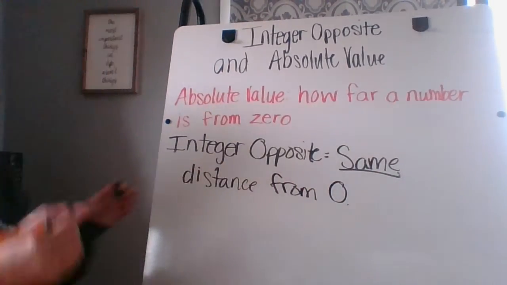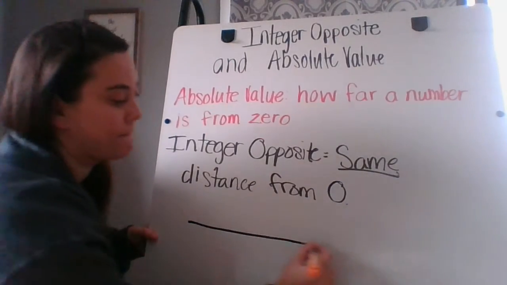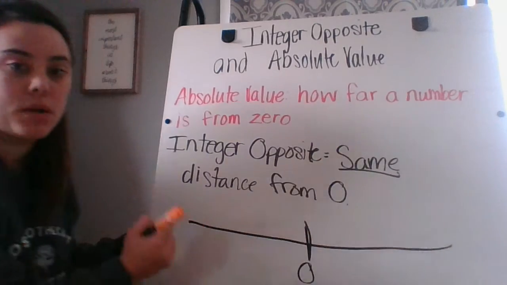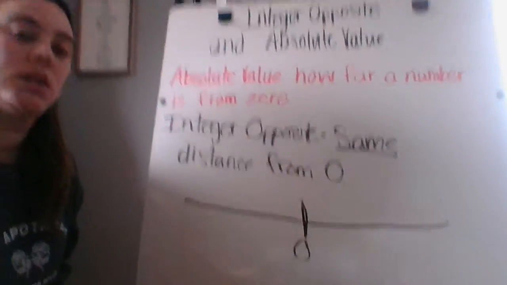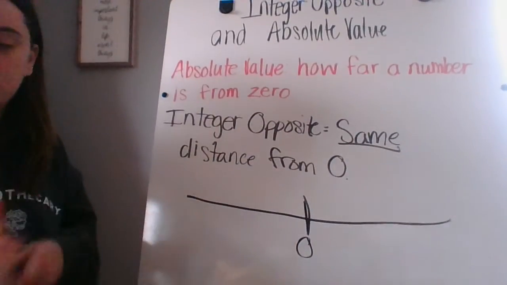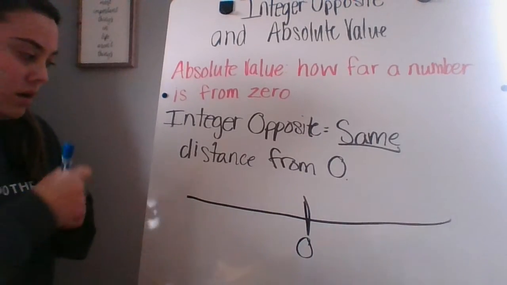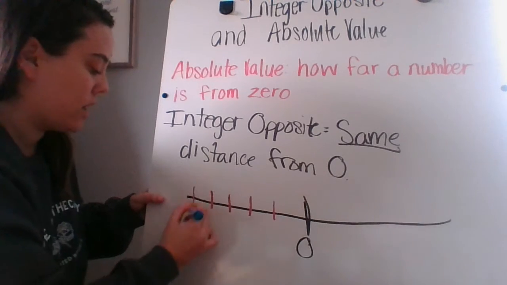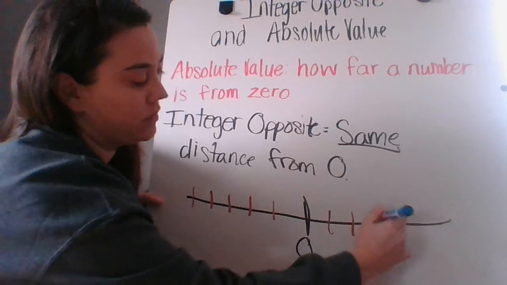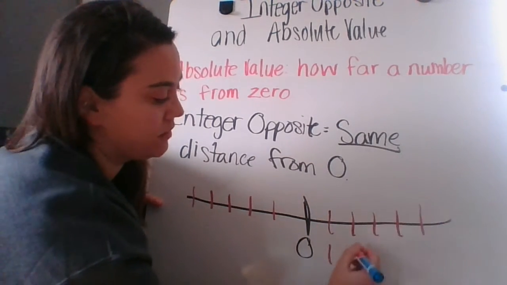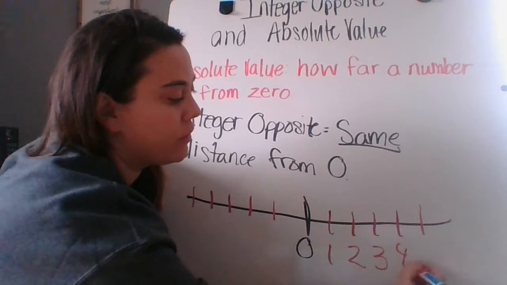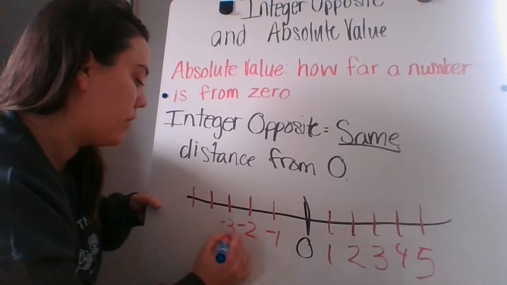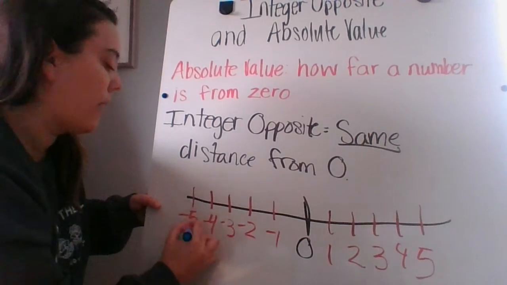So, if I have my number line again, and here is 0 right there in the middle. Let's use the numbers. I have 1, 2, 3, 4, 5 on the positive side, and here I have -1, -2, -3, -4, and -5.